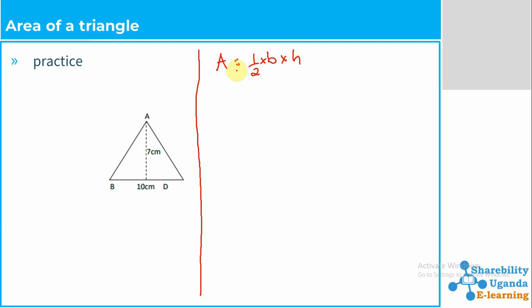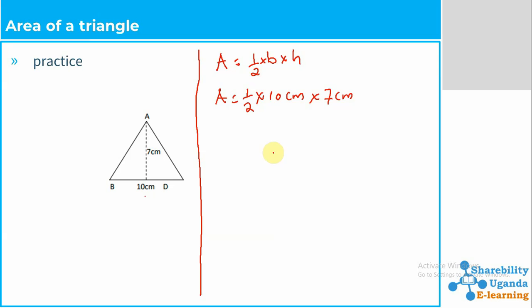So in our triangle here, our area is going to be equal to a half times, what is our base? Our base is 10 centimeters. We multiply by our height. So our height, we are going to consider this from here up to here. That is 7 centimeters.